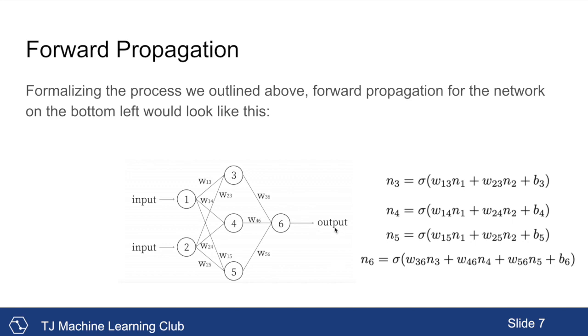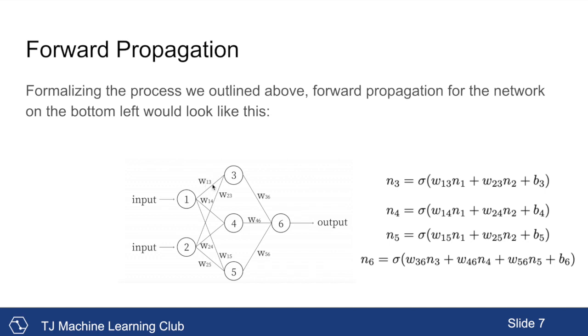Let's say for this neural network, which is pretty small compared to the last one, we have just two inputs. To calculate the output of this neuron, which we're going to represent as N3, basically what we do is the weighted sum of all the inputs.